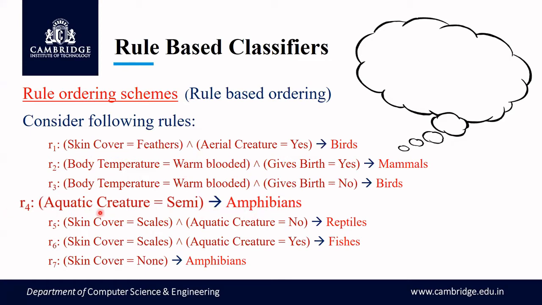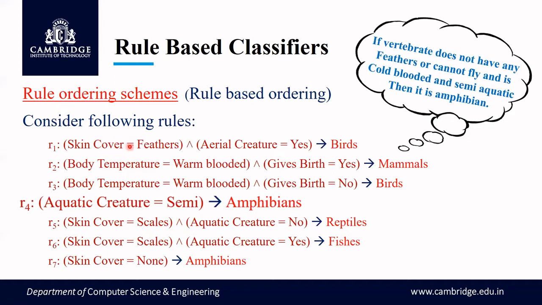If I want to interpret this particular rule, I can say that a vertebrate which does not have feathers or cannot fly and is cold-blooded, then it is set. And if the aquatic creature is semi, then I can tell it as amphibian. So this rule, R4, clearly says that if the aquatic creature is semi, then it is amphibian.